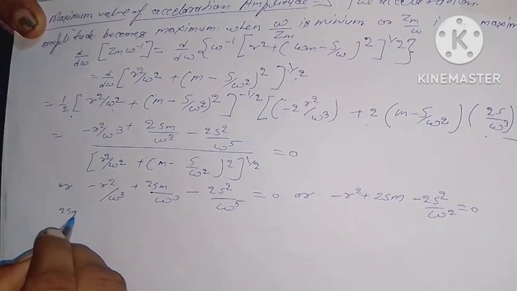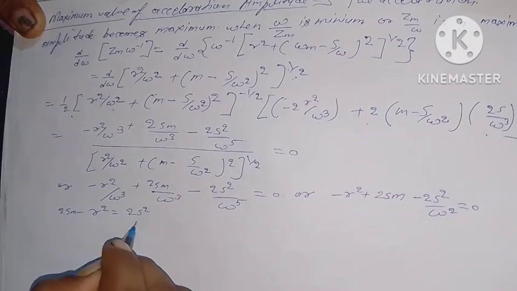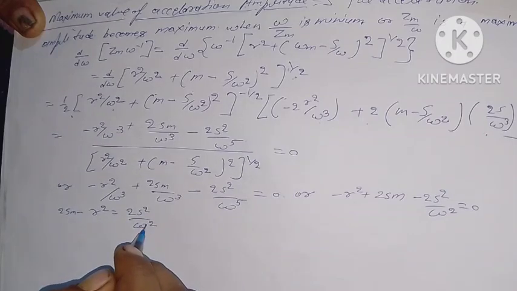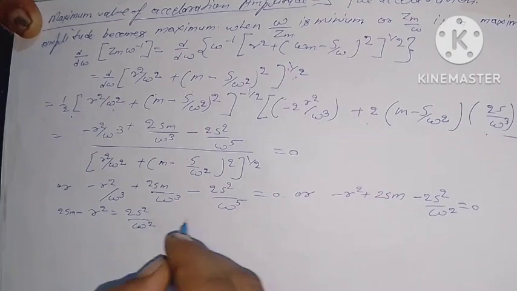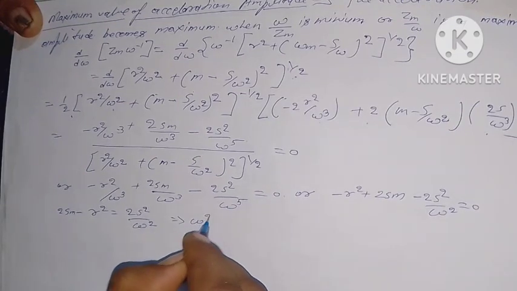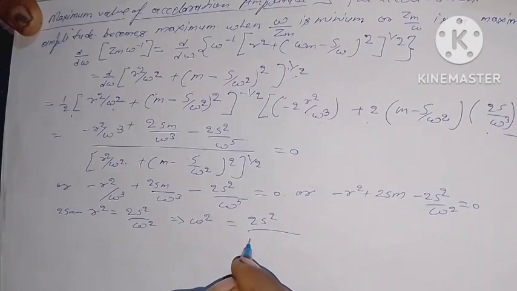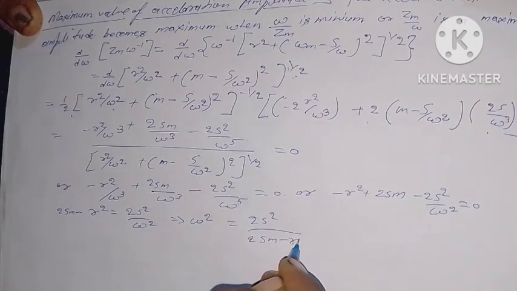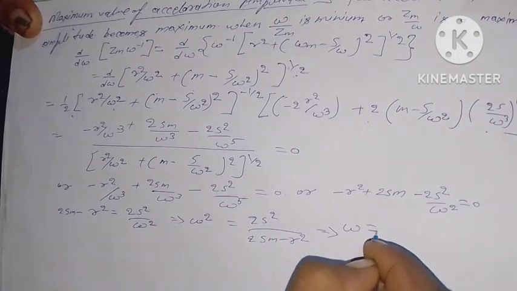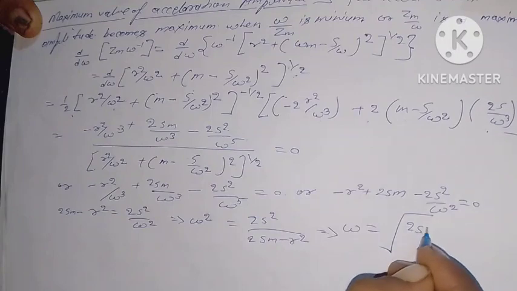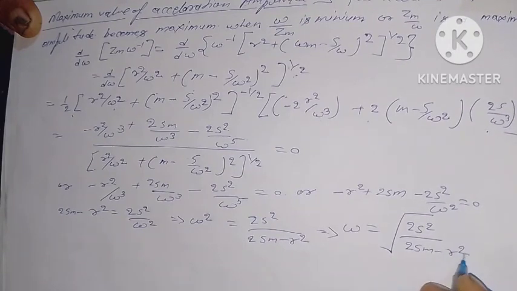And 2sm minus r square equal to 2s square by omega square. Then omega square equals 2s square by 2sm minus r square. Then omega equals under root of 2s square upon 2sm minus r square.